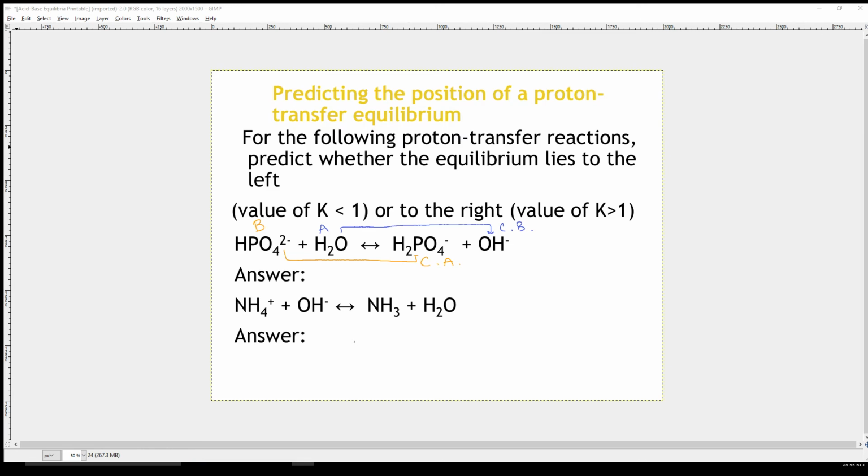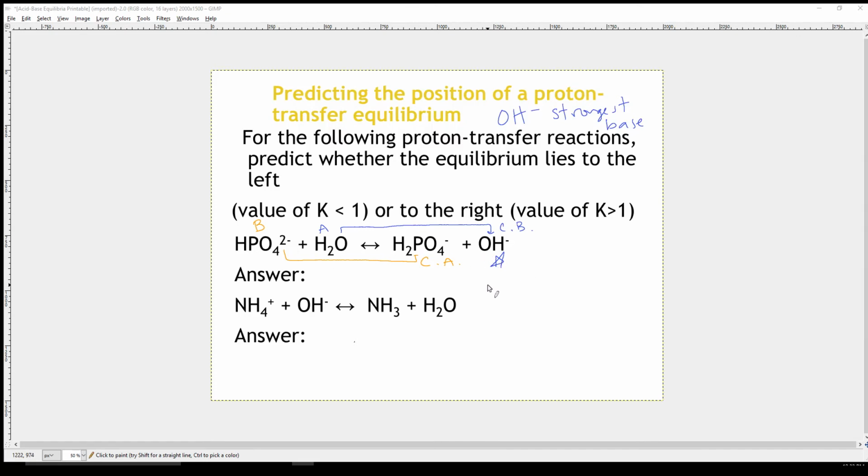Something that's important to remember is that hydroxide is the strongest possible base. So we don't have to do anything complicated here. It's strong. That's our strong guy. And we don't like to write our strongest base in the products. We want our strongest base to be in the reactants.